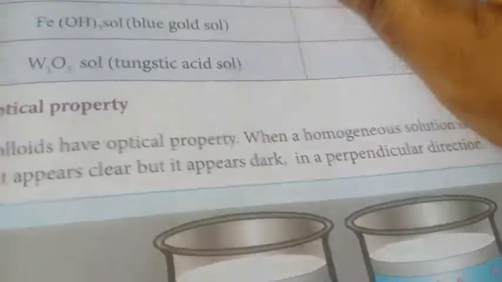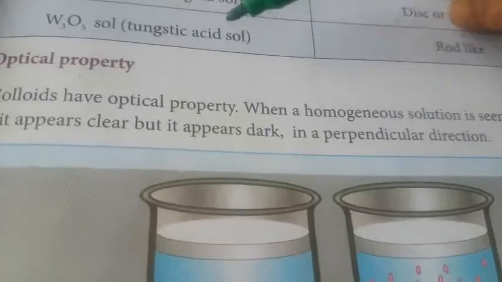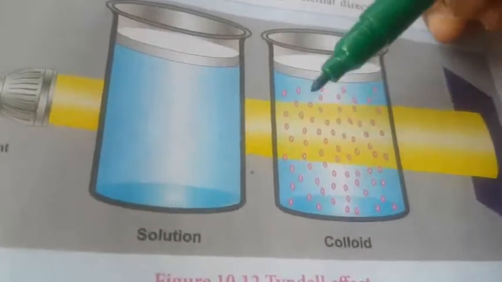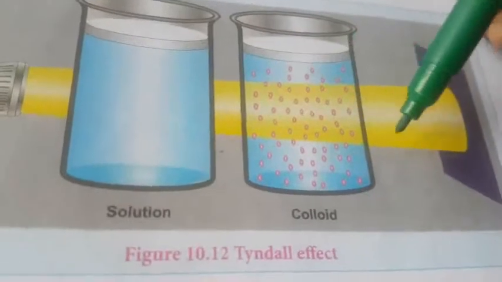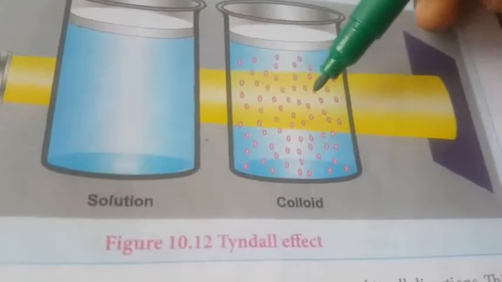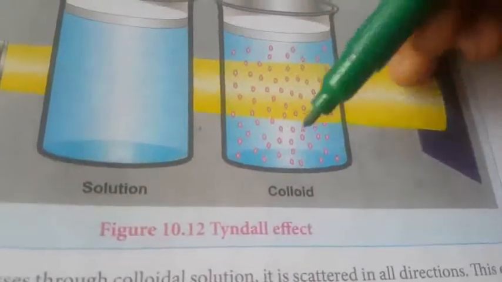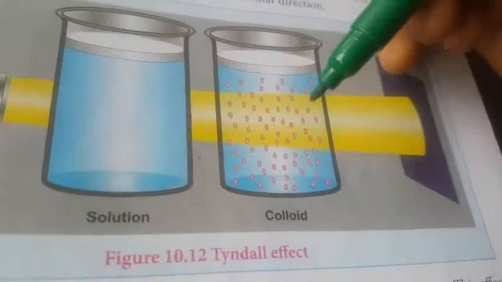Next, another interesting property is optical properties. What is meant by optical property? The colloid also has an optical property, that is the transmitted light in the colloidal solution. When light passes through the colloidal solution, it is reflected and scattered in all directions within the dispersion medium.